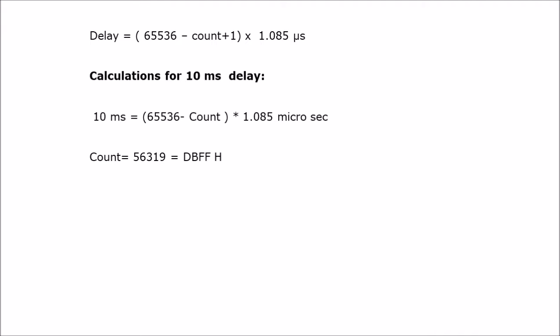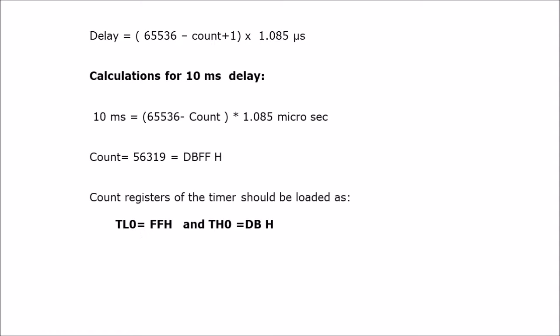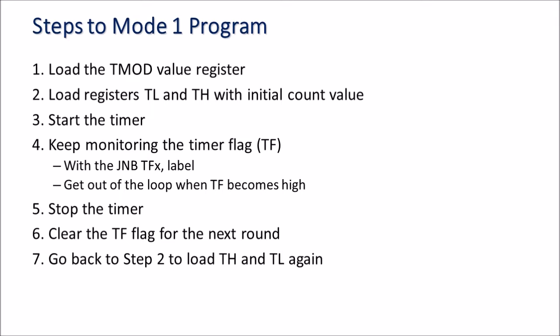That will be converted into hex, that is DBFFH. So in count register, we have to store DB in TH0 register and FFH as lower 8-bit count in TL0 register. Go through the algorithm of timer operation in mode 1.